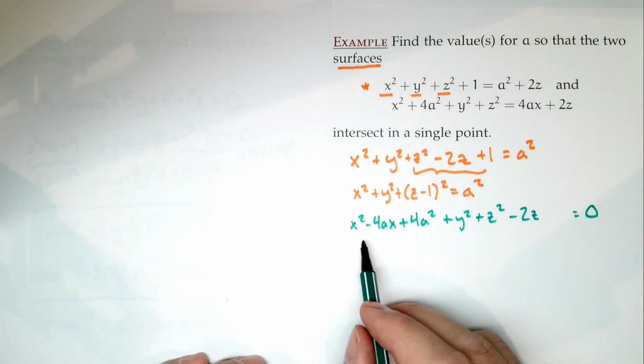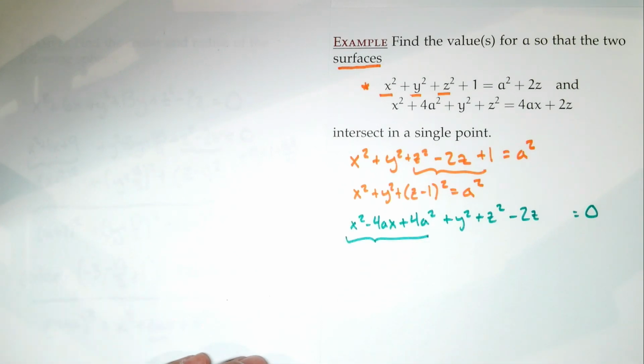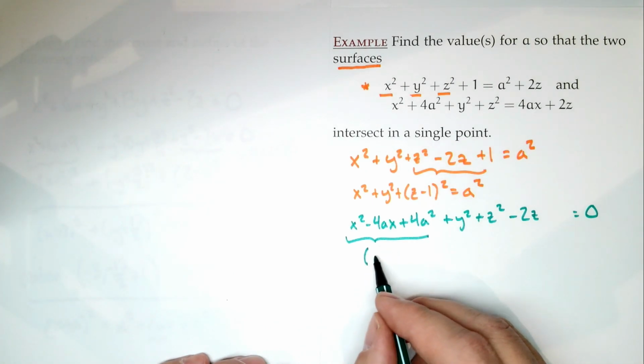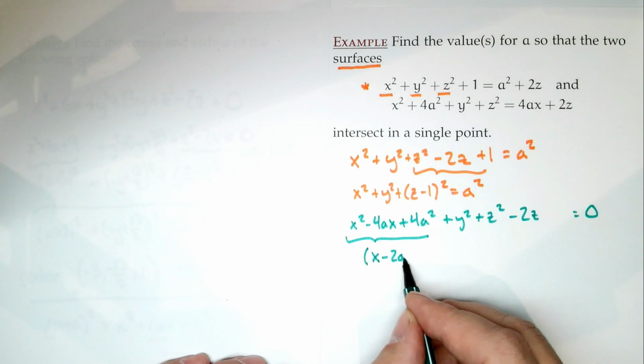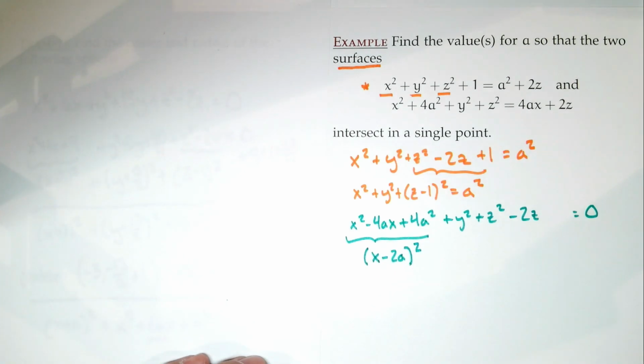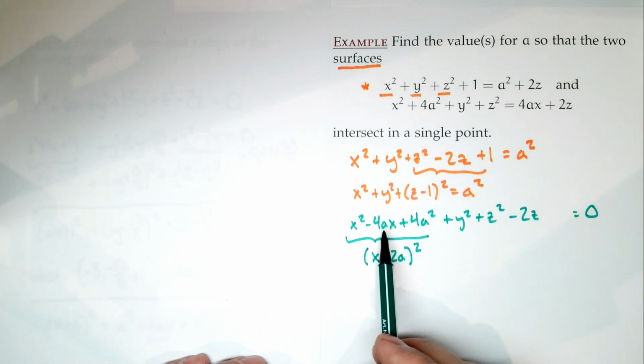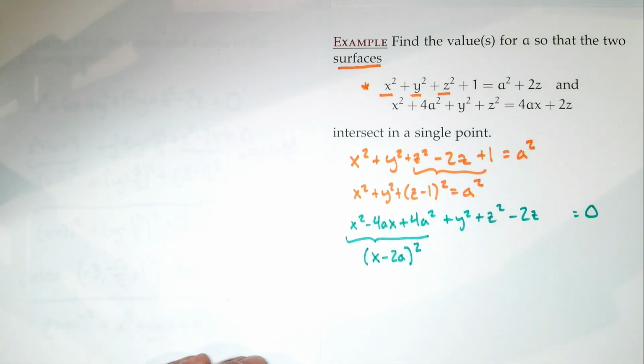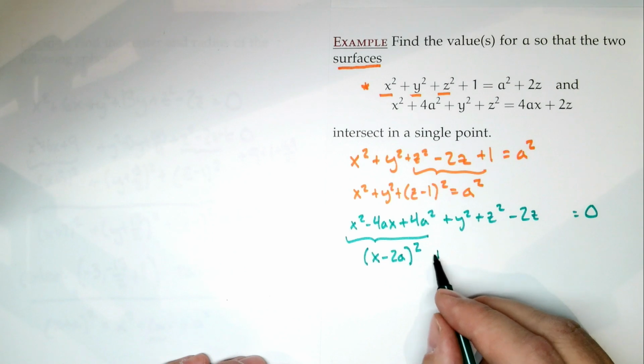Now, if I look here, what can I do? It factors. In fact, this is a perfect square. It's x minus 2a quantity squared. And you can check. If you divide 4a by 2 and square it, you get 4a squared. Okay, y squared is fine.